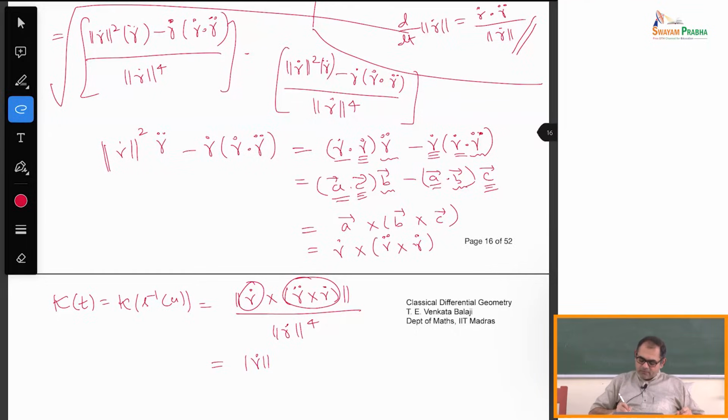So in this case it will just be the product of the moduli. So this is just going to be norm gamma dot times norm gamma dot cross gamma double dot divided by norm gamma dot to the 4, and then one of these will cancel and you get your formula for kappa.